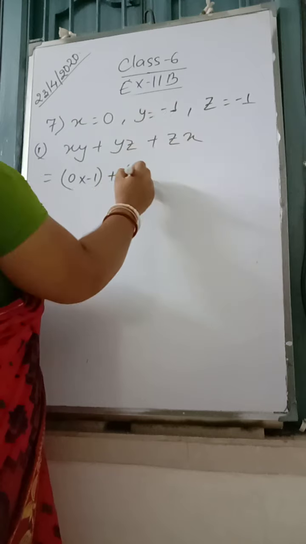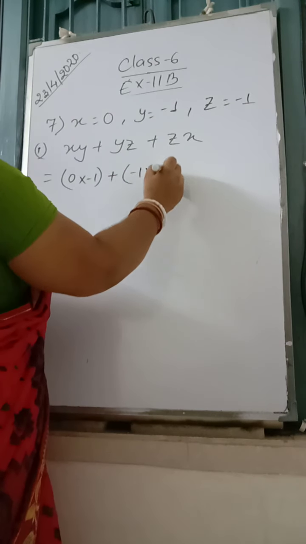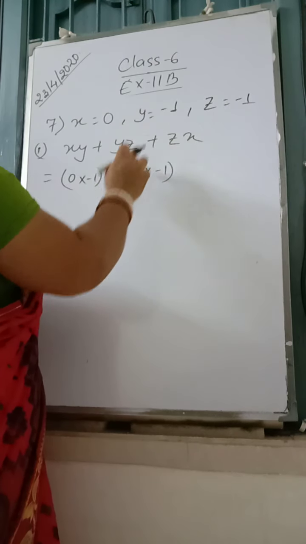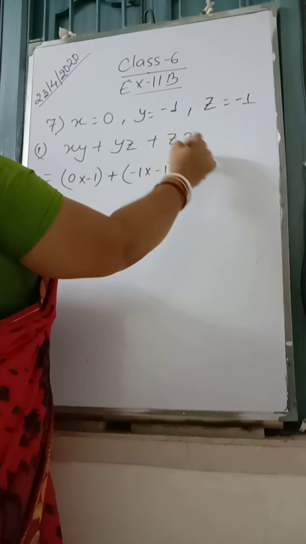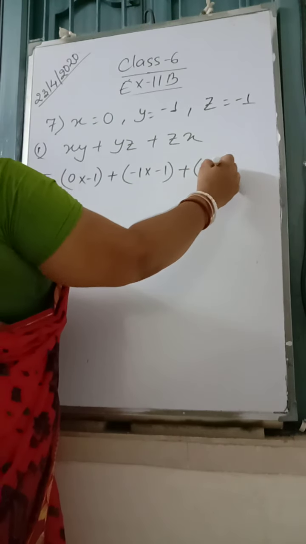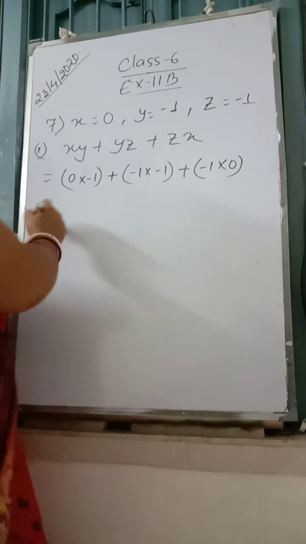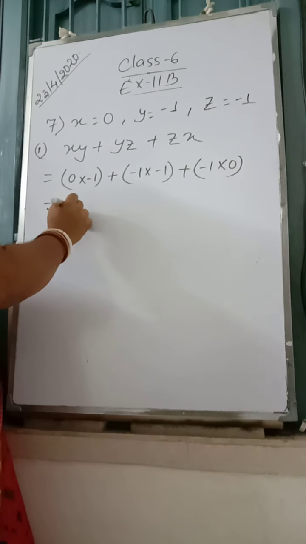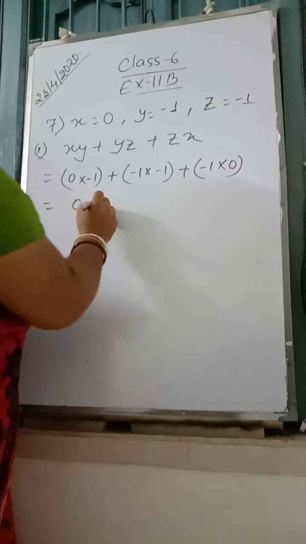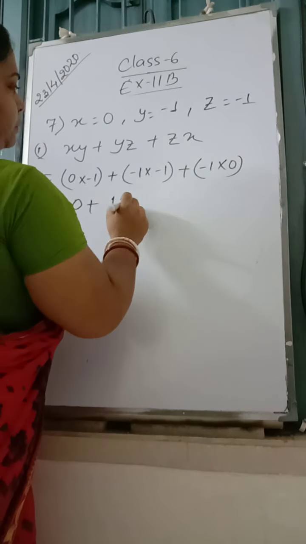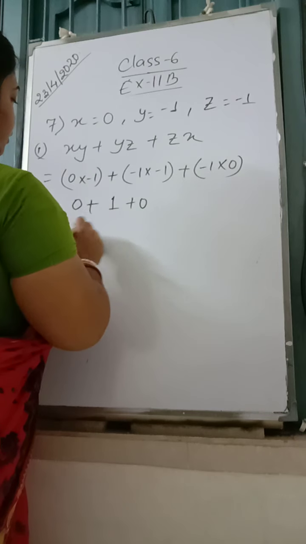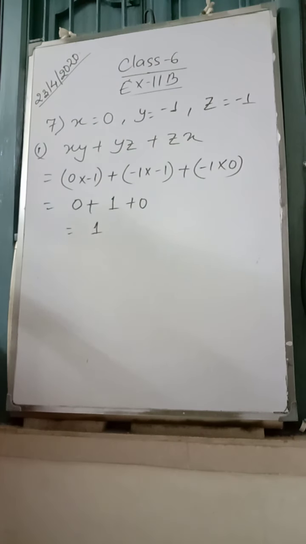Y is -1 into -1. The value of y was -1, value of z was -1, plus zx. The value of z is -1, x value is 0. Now -1 into 0 gives you 0. Plus -1 into -1 gives you 1. Plus -1 into 0, 0. So the answer is 1.